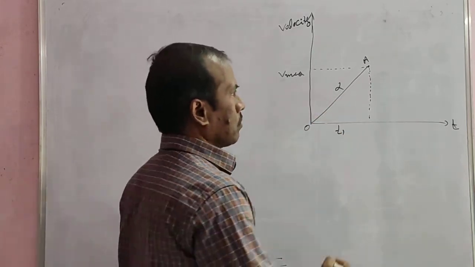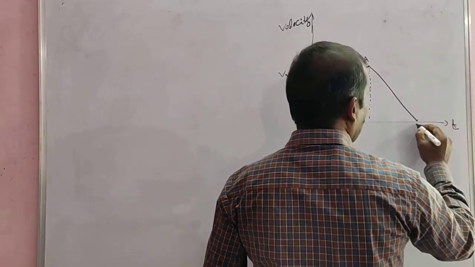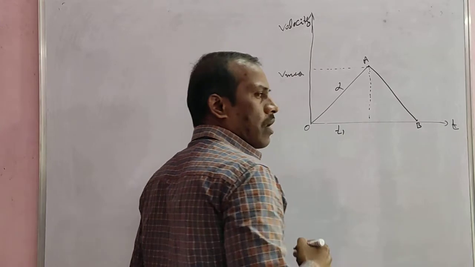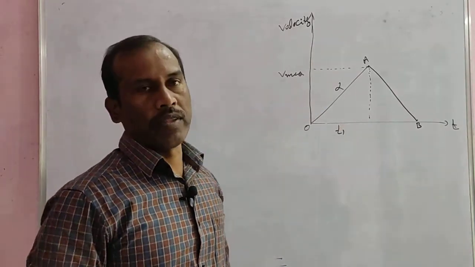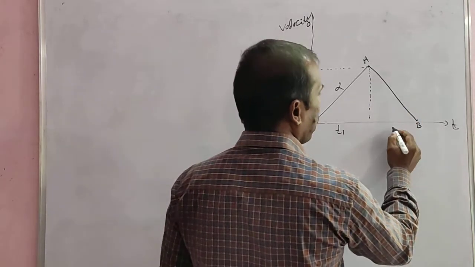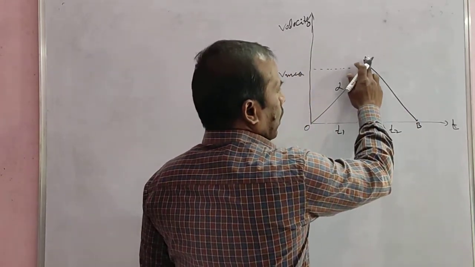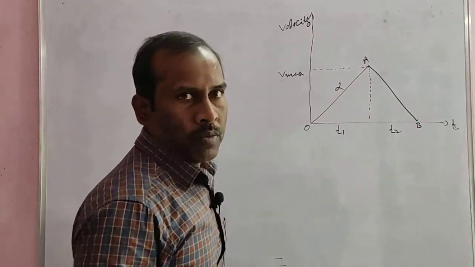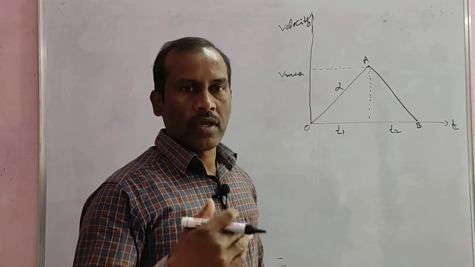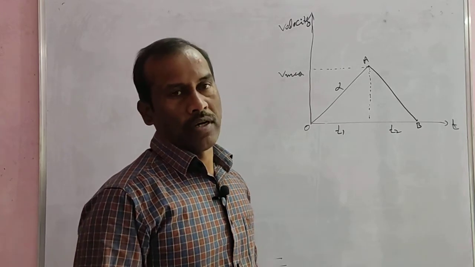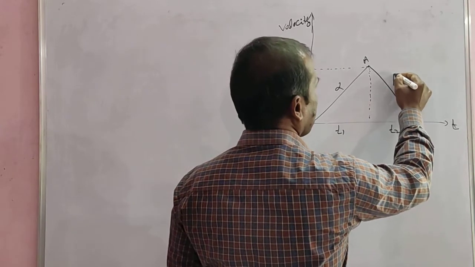Next, A to B gives the deceleration, as the body comes to rest at point B. The time taken to reach point B is t2. So AB is a negative slope, which gives the retardation or deceleration, beta.